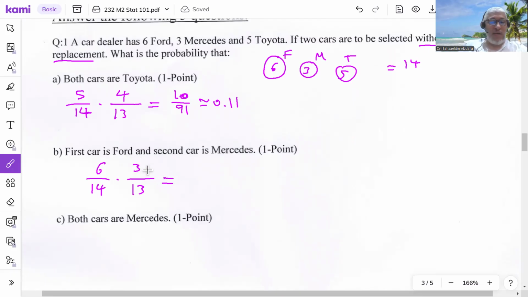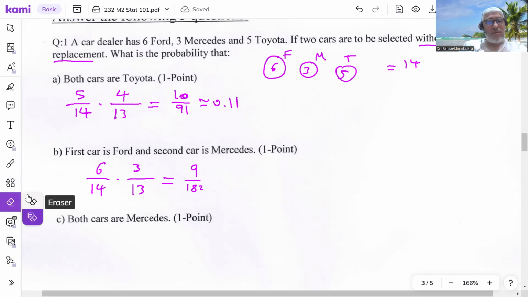So the answer is, sorry, it is 3 times 6 is 18. We are multiplying.